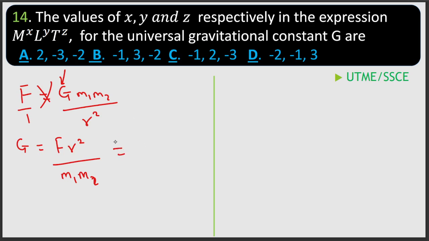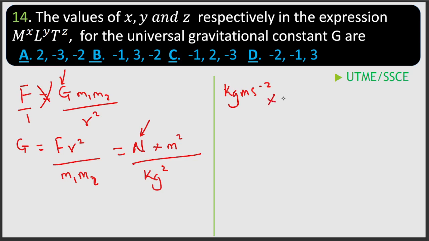So that means for the unit, force is Newton. Let's start with Newton; we'll further break it down. And then we have r, which is meter squared, and then mass is kg squared, right? But we also know that Newton, force, is kilogram meters per second squared. Do you remember?